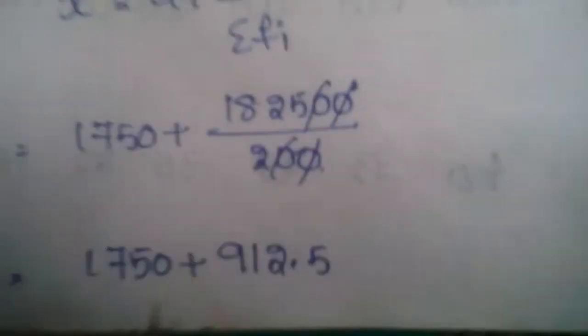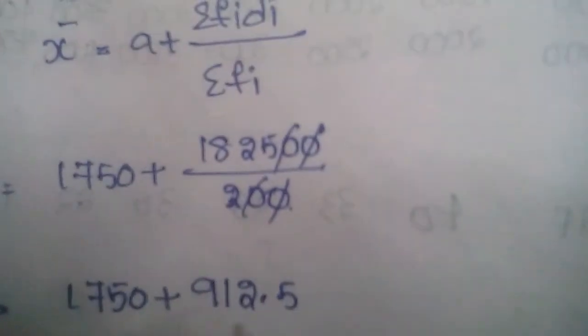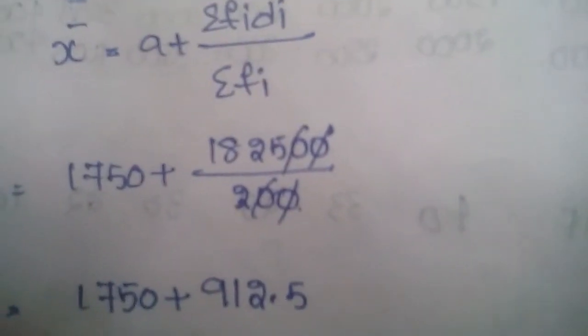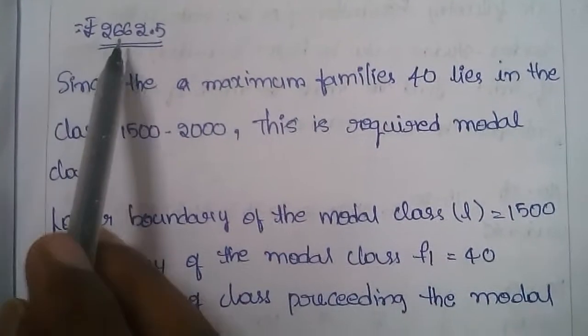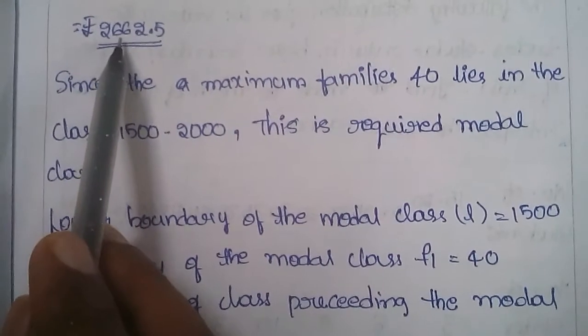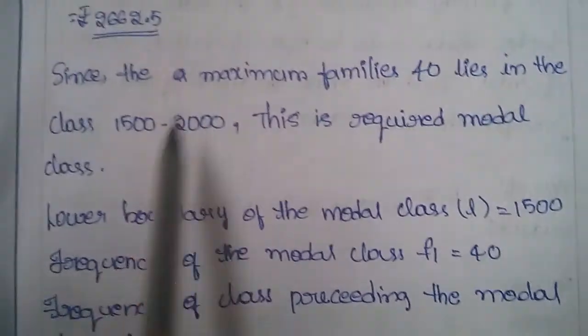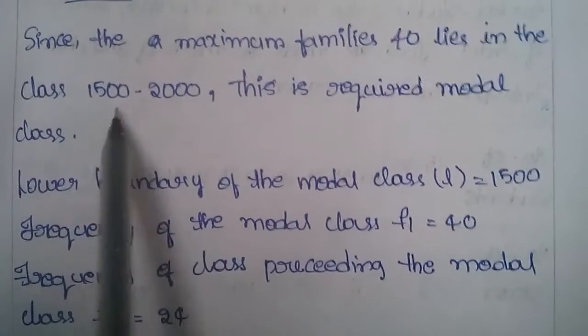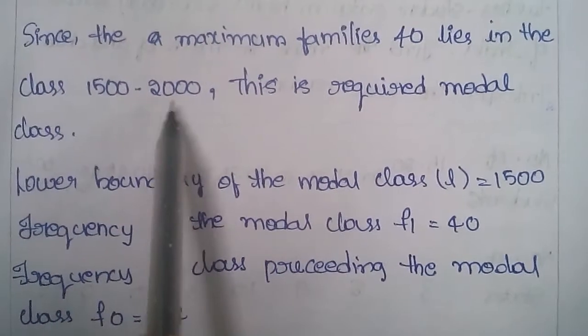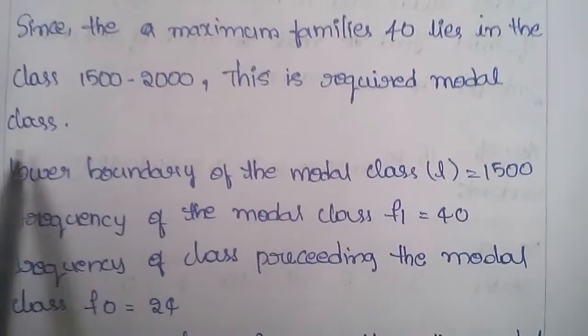So 1750 plus 912.5 will get 2662.5. Since the maximum frequency is 40, the mode lies in the class 1500 to 2000. This is the required modal class.